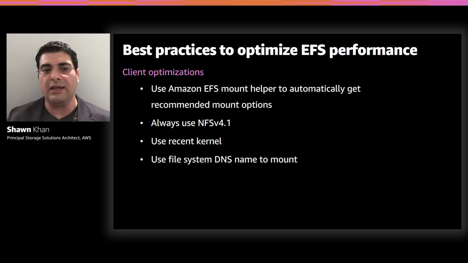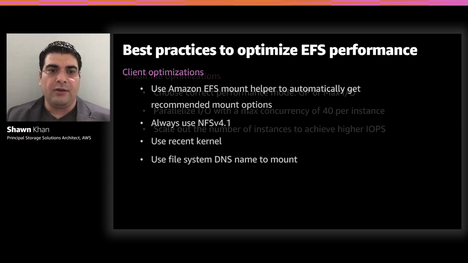So if you use the DNS name to mount the file system, you will always get the availability zone where your EC2 instance is located. That helps reduce many of these initial pitfalls that I've seen customers run into, especially on the NFS client side.